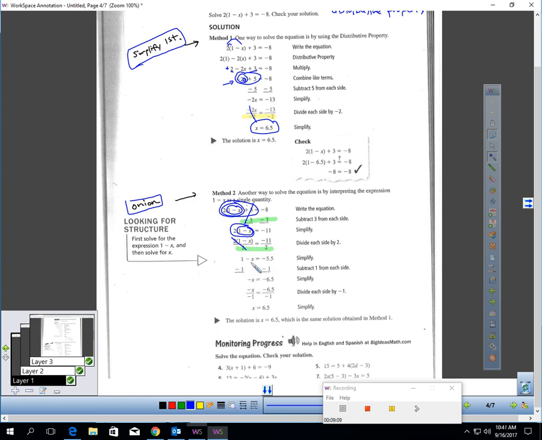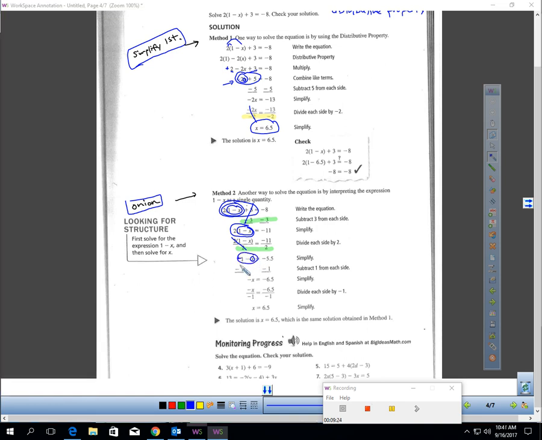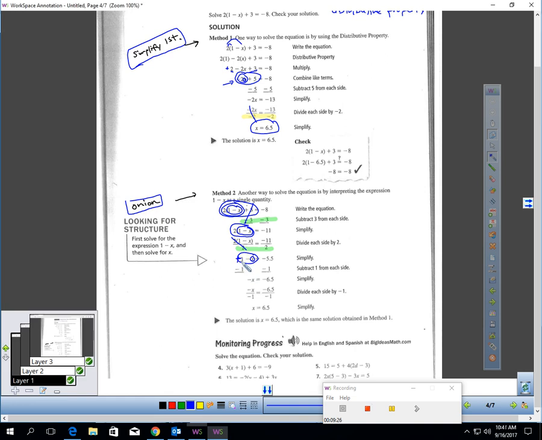And now, since we got rid of those layers, now I want to solve for x. So I'm going to start a new onion now. X is the center, and the positive 1 is the outside layer.